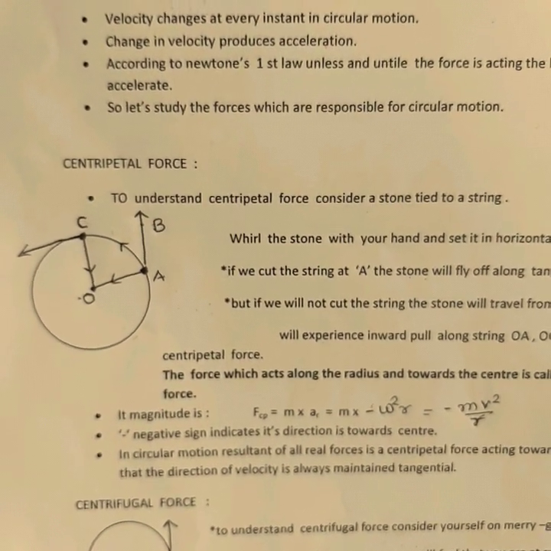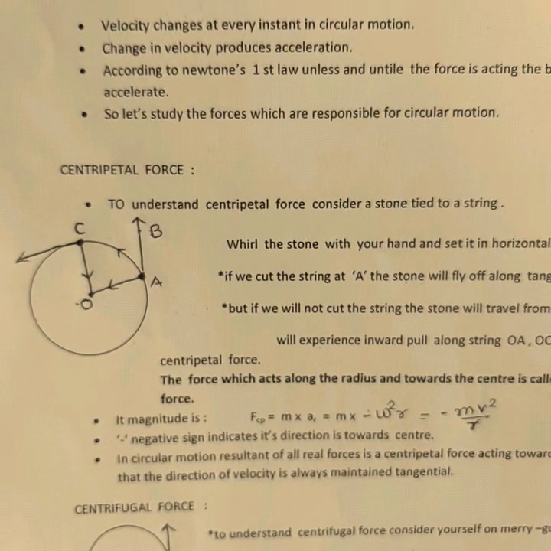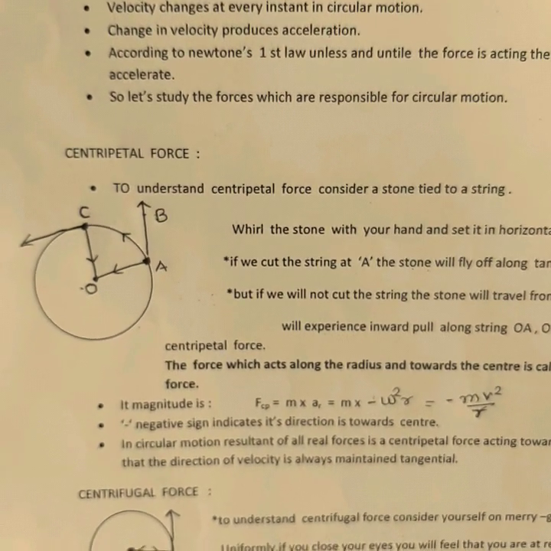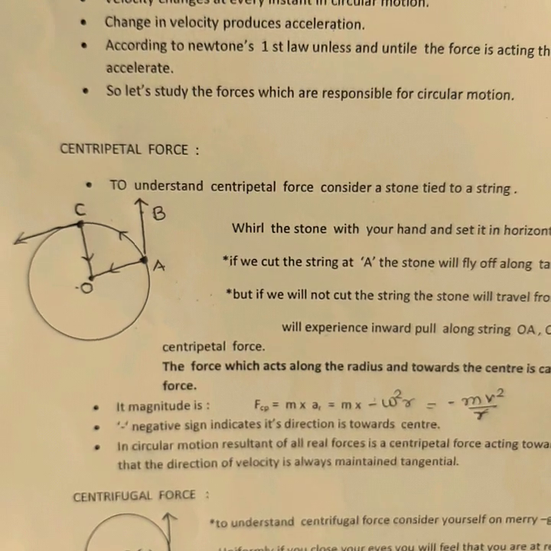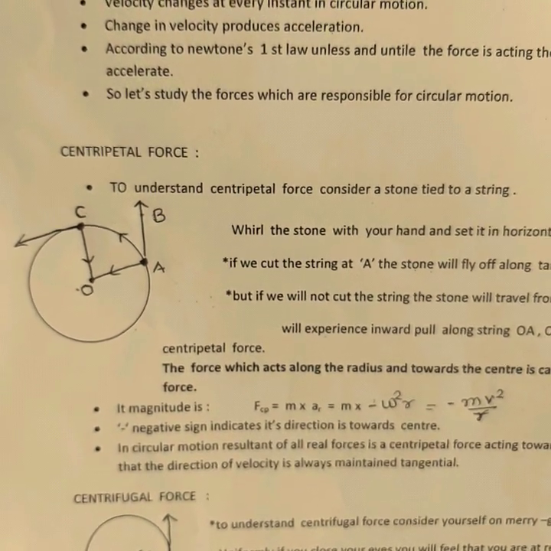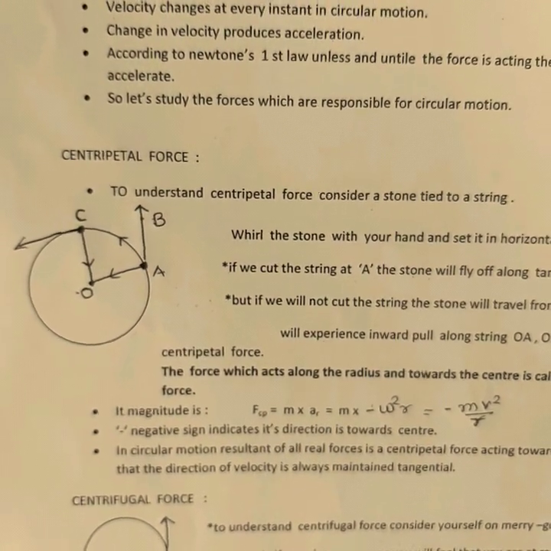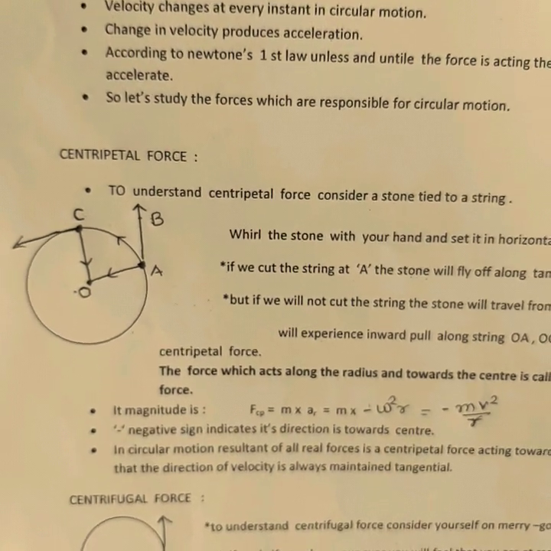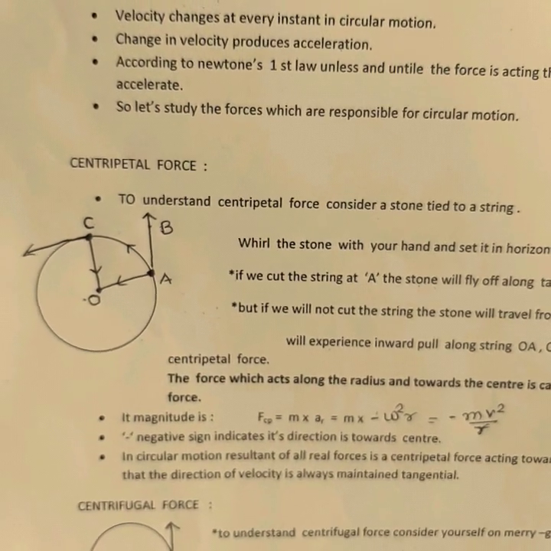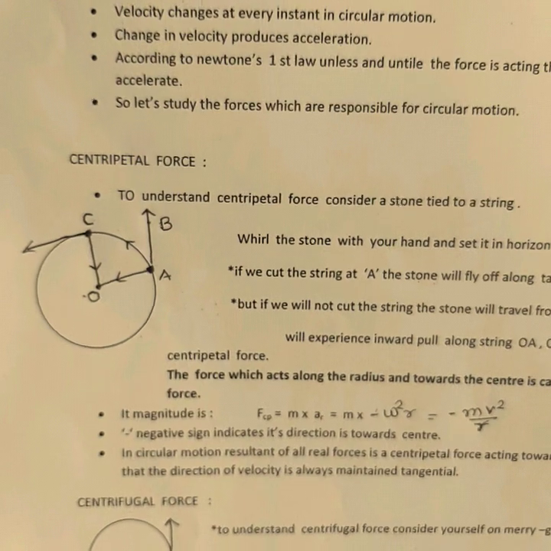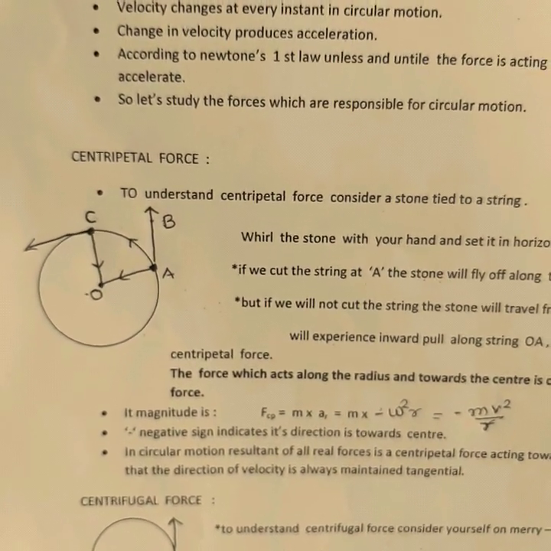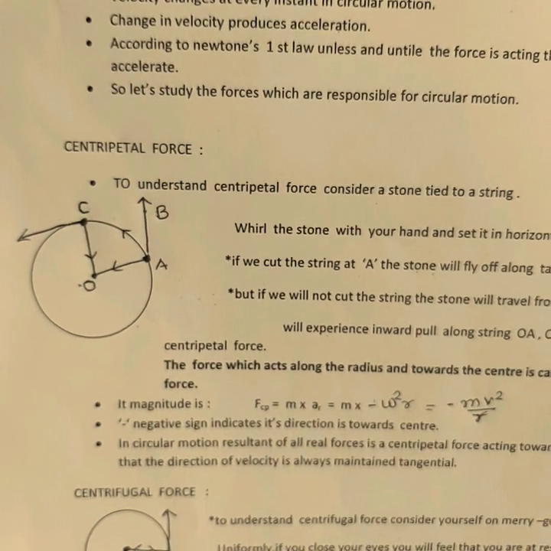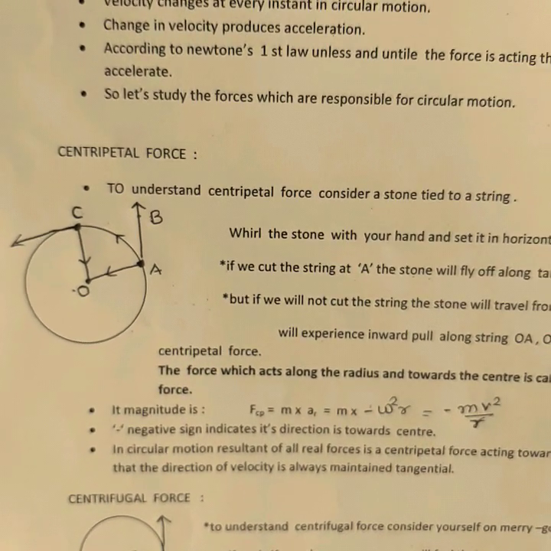But if we do not cut the string, the stone will remain in circular motion, and from point A, the stone will go towards the point C. This happens because from point A to C, the stone experiences an inward force.